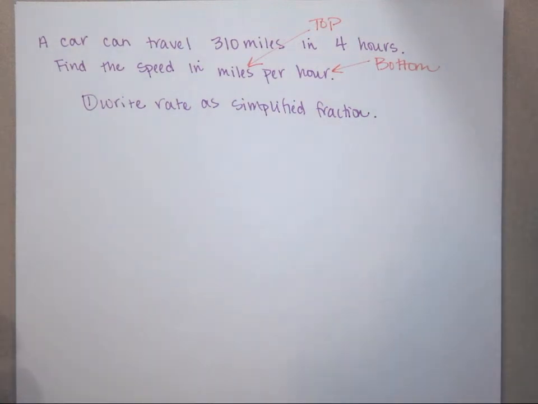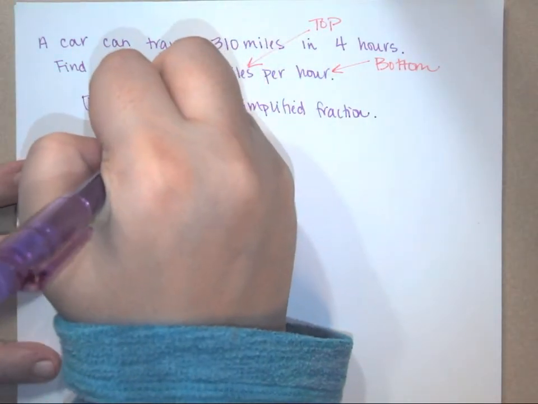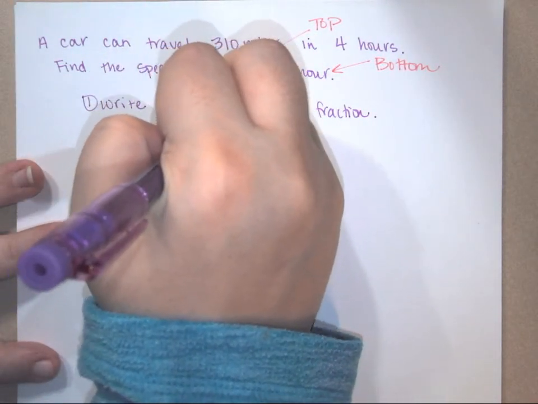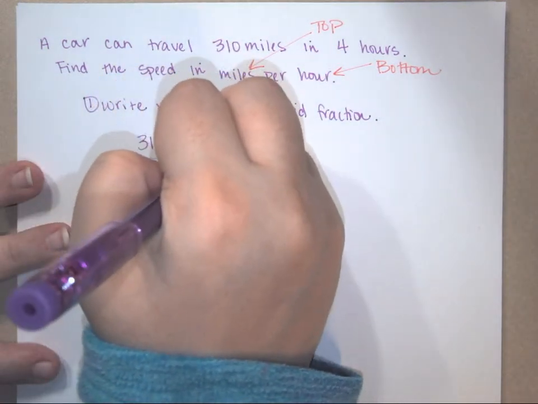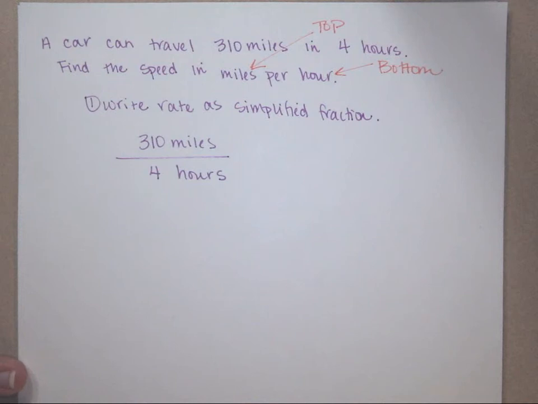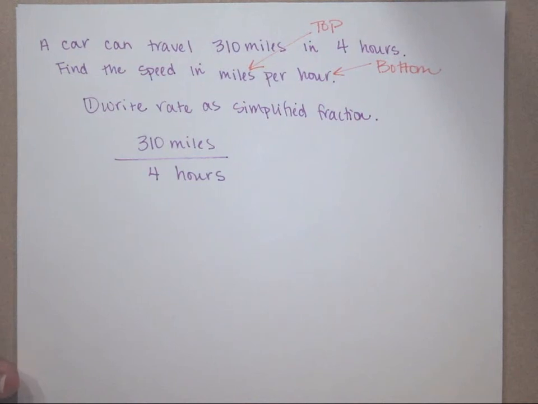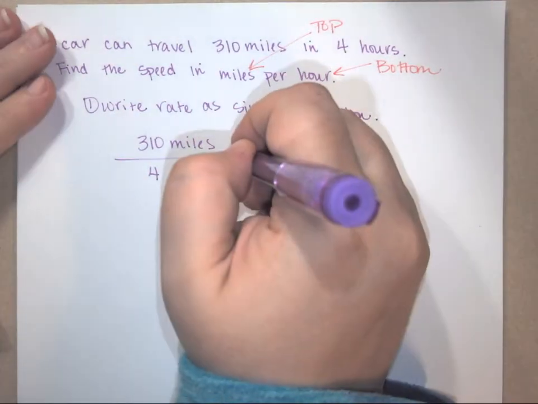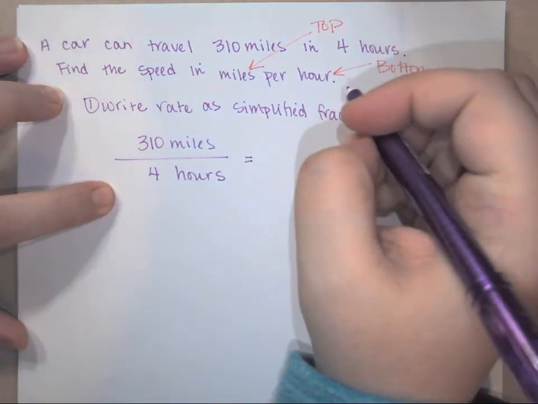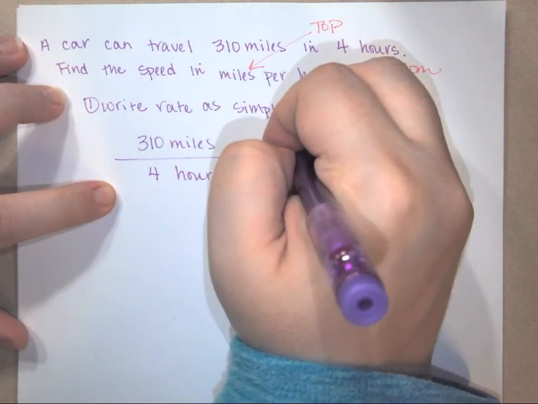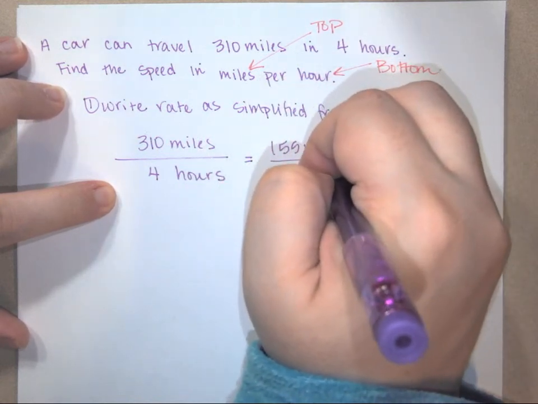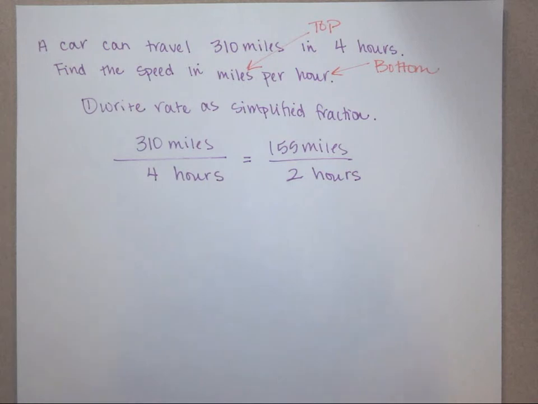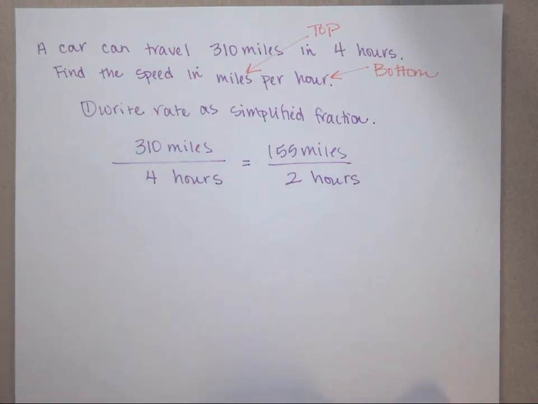So miles per hour says that we have to take 310 miles over 4 hours. Now once we set up the ratio, we need to reduce. So in this case, 310 over 4 is going to reduce down to 155 miles over 2 hours. We're not doing any solving here, we're just simply looking at the fraction.